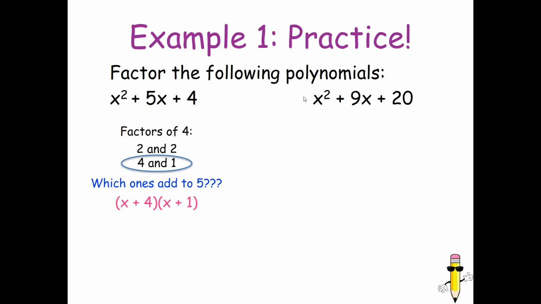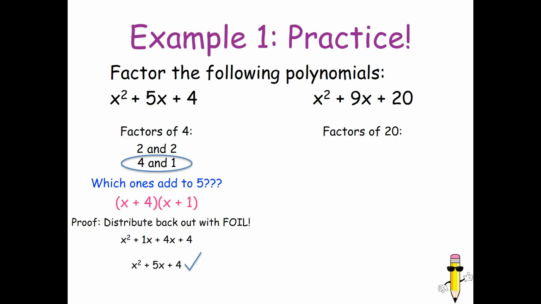The next one is x squared plus 9x plus 20. So I'm going to have to try and break down my factors of 20. That would give me 1 and 20, 2 and 10, and 4 and 5.